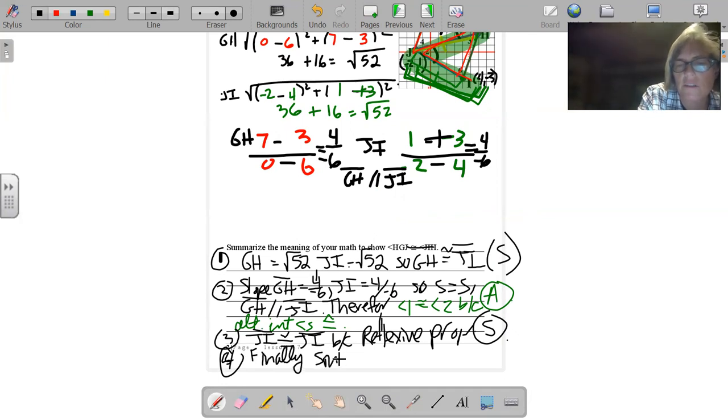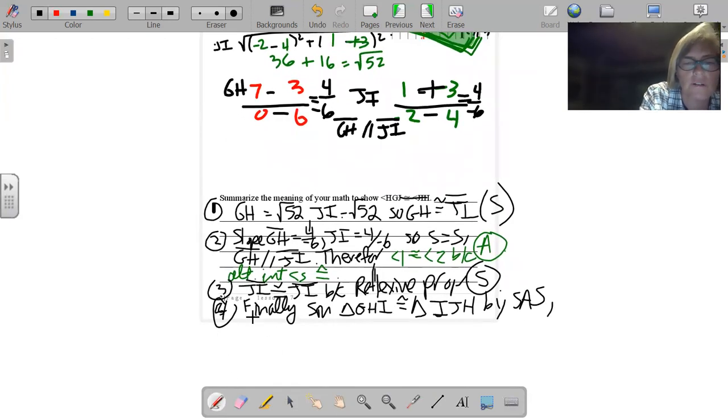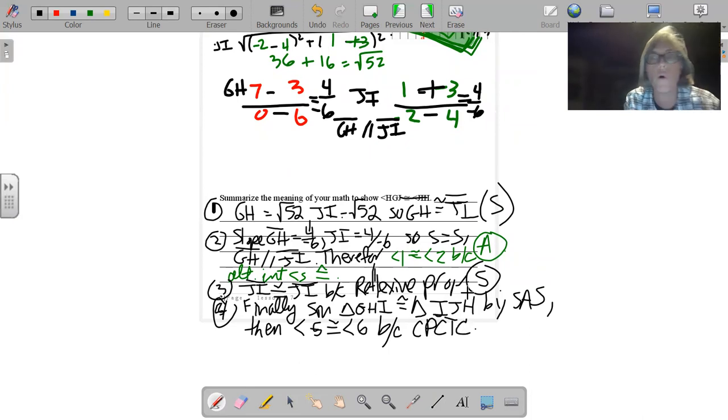Finally, since triangle GHI is congruent to triangle IJH by side, angle, side, then angle 5 is congruent to angle 6 because corresponding parts of congruent triangles are congruent. Whole equal, parts equal.